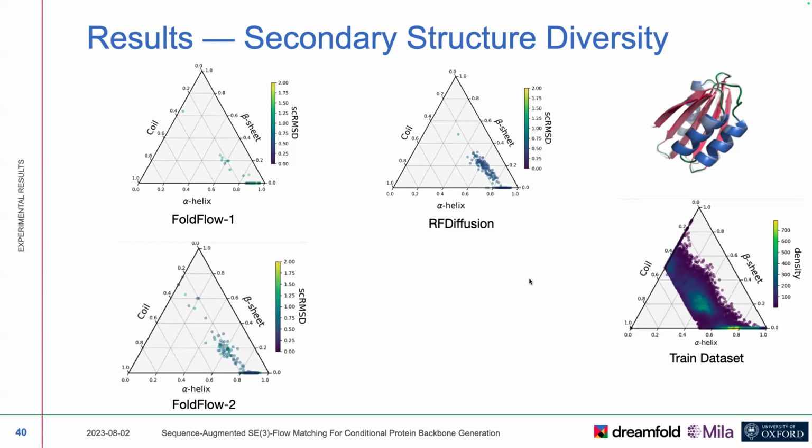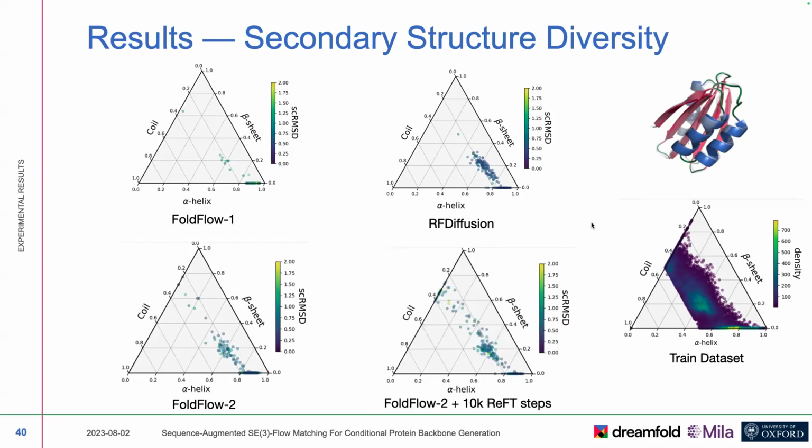And then we also experimented with a setup where you can further fine-tune using a reinforced fine-tuning objective to specifically encourage the model to produce diverse secondary structures. If you use this fine-tuning objective, you can really steer the model to respect the scalar reward that depends on the diversity of secondary structures.